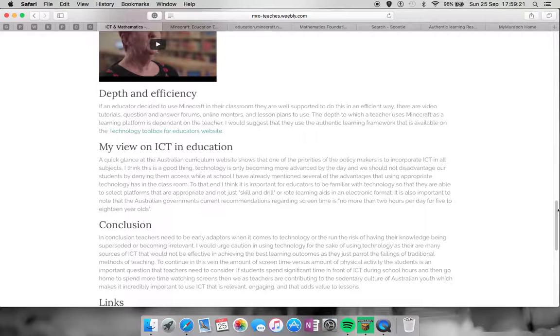The other thing I would like to talk about is the Australian government recommendations regarding screen time. Currently, they're saying that anyone between 5 and 18 years old should have no more than 2 hours of screen time per day. So if they do 2 hours at school and then go home and watch TV, play their video games, look at their phones, all that sort of stuff, we're contributing to the sedentary lifestyles that already exist.